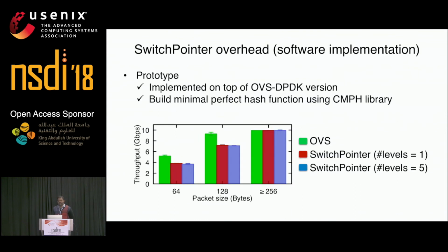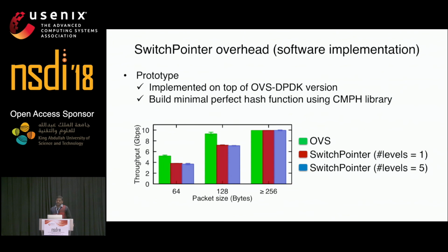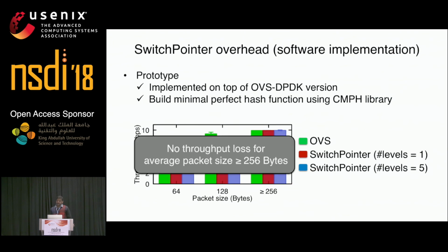To understand the packet processing overhead at a switch, we compare the throughput of SwitchPointer with the OVS DPDK version. On the x-axis, you can see the packet size varying from 64 to 1500 bytes, and we observe that SwitchPointer doesn't see any throughput drop when the packet size is greater than or equal to 256 bytes.